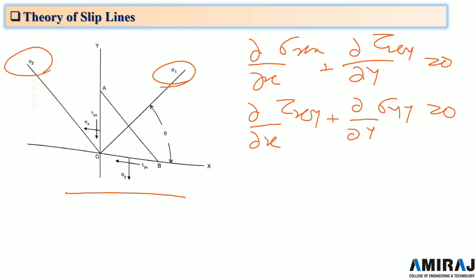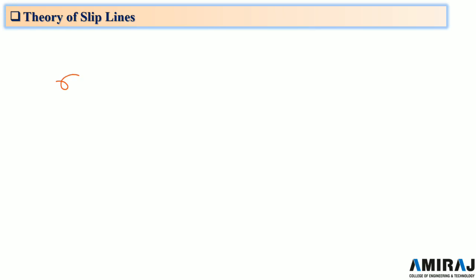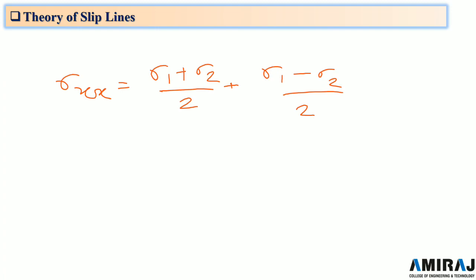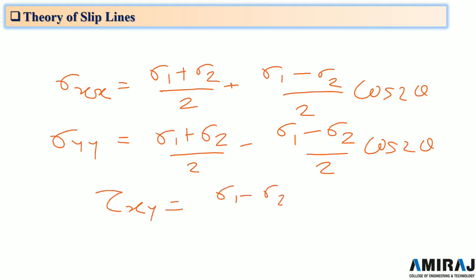So sigma xx is equal to sigma 1 plus sigma 2 by 2 plus sigma 1 minus sigma 2 by 2 into cos 2 theta, while sigma yy is sigma 1 plus sigma 2 by 2 minus sigma 1 minus sigma 2 by 2 cos 2 theta, and tau xy is equal to sigma 1 minus sigma 2 divided by 2 sin 2 theta.